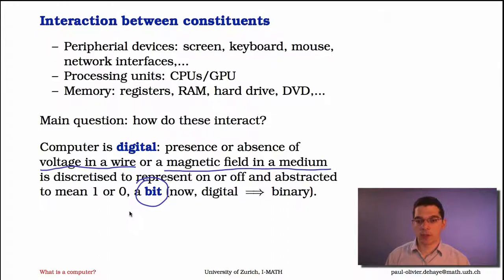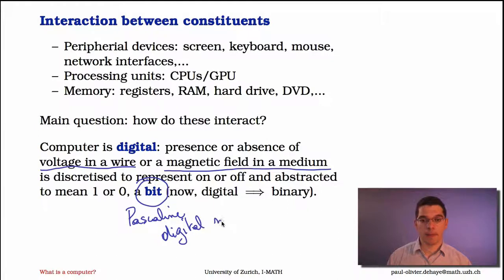For instance, the Pascaline, which I talked about earlier, is digital but uses base 10, so it's not base 2. So the Pascaline is digital, but not binary. Right, so those are all very important things to understand.